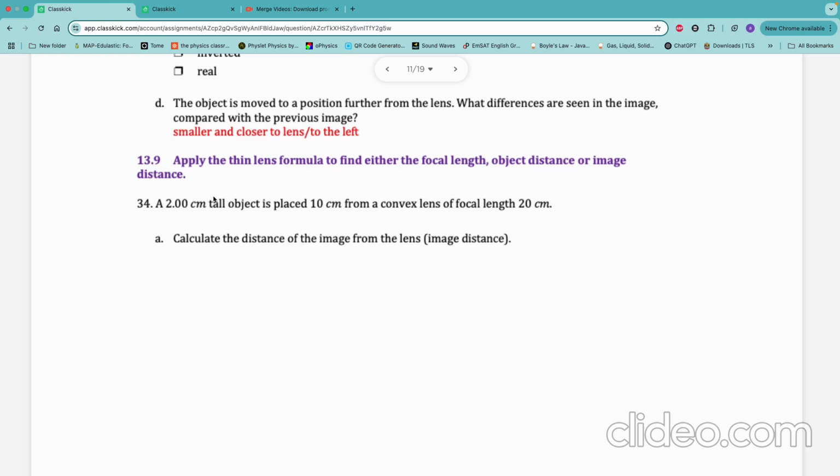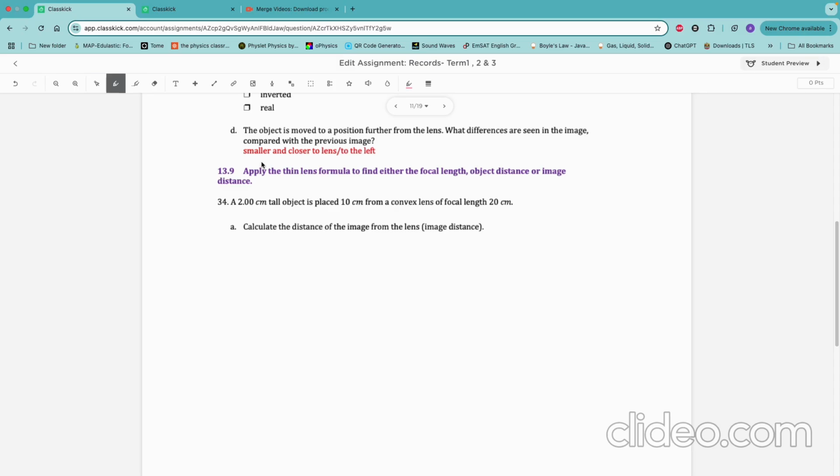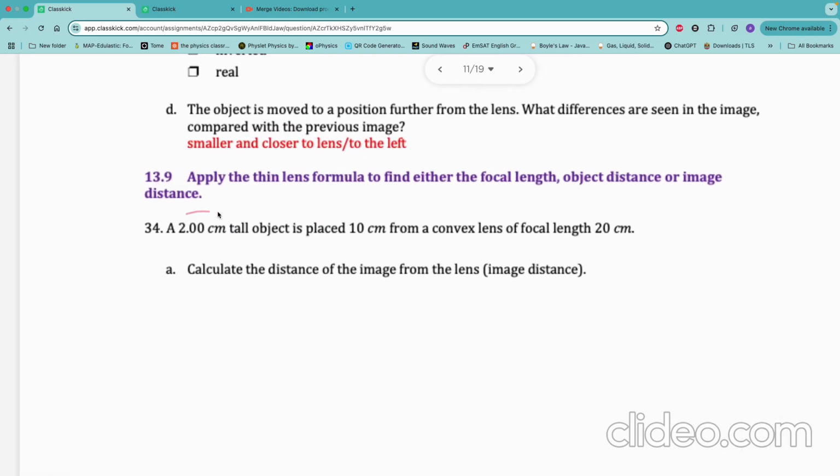2 centimeter tall. We don't care about the height of the object, so this will not be used. It is placed 10 centimeter from a convex lens. If you'd like just to draw, to visualize it, the situation will be much easier. So a small drawing here. This is our lens, focal point. So in convex, the object is placed 10 centimeter and the focal length is 20.